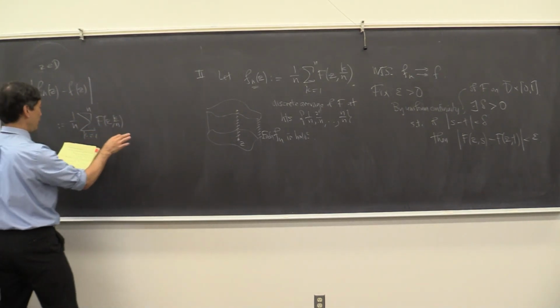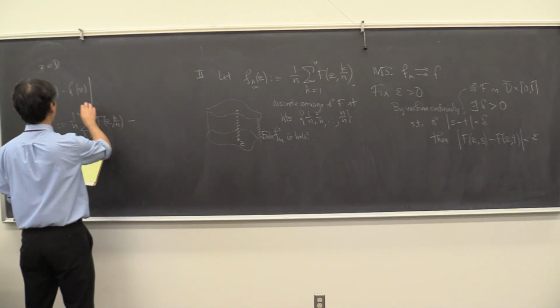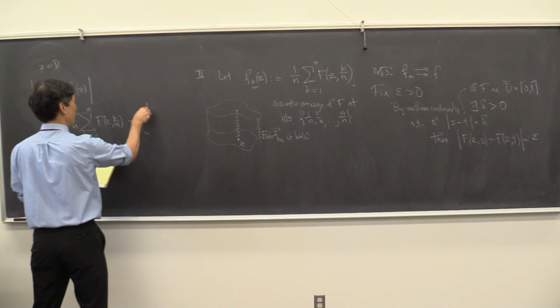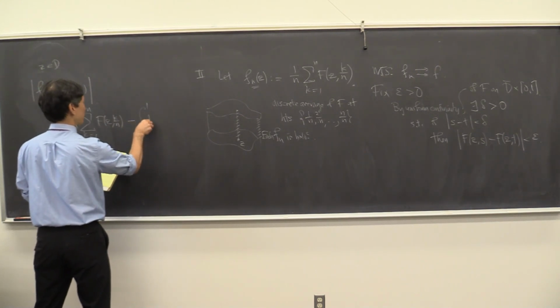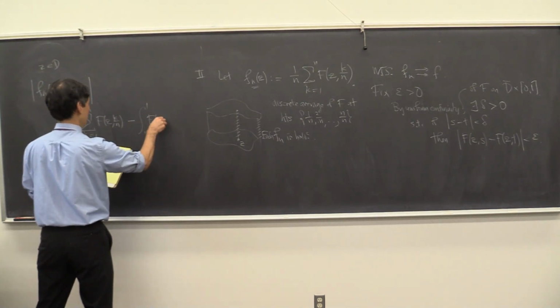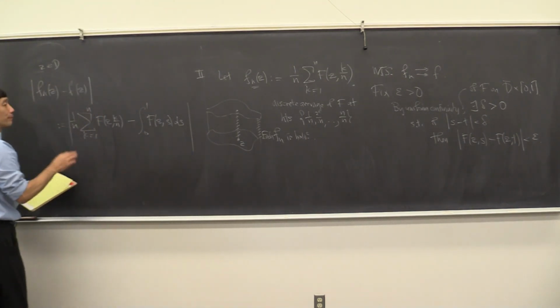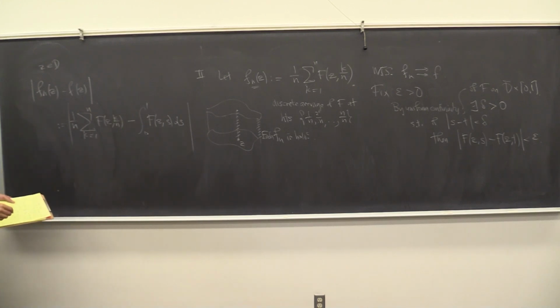We've got this, and then we're subtracting off this, which is the integral from 0 to 1 of f of z s ds, of course, that's just by definition.